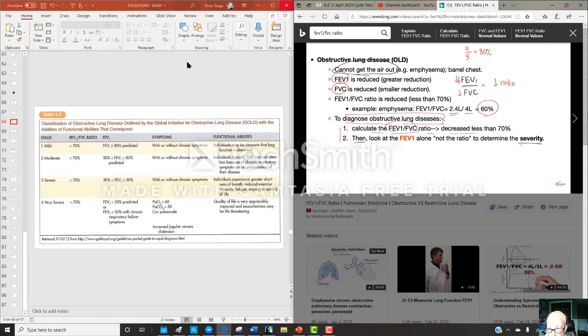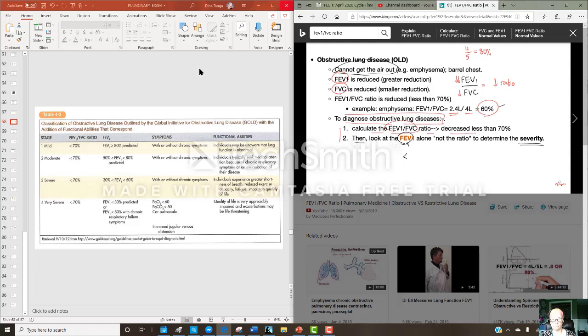Then, to determine the severity of the obstructive lung disease, you might have a patient with mild emphysema. You might have a patient with severe emphysema. What is the difference? Now you look at the FEV1 alone, not the FEV1 FVC ratio, but the FEV1 alone to determine the severity. The lower the ratio, the greater the severity, the more severe the case.